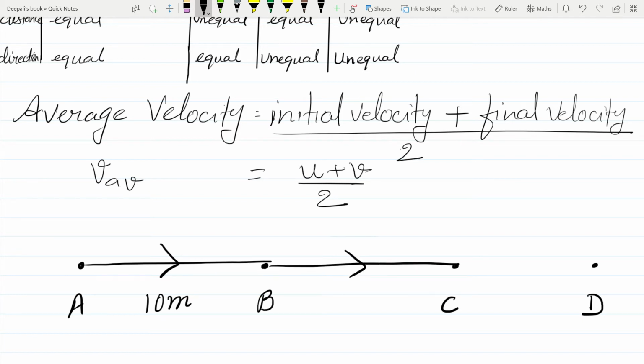From point B to C, 10 meters, and from point C to D, 10 meters. In a particular direction, say from south to north.